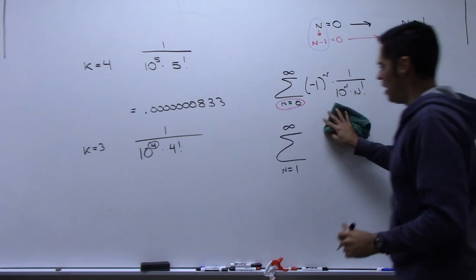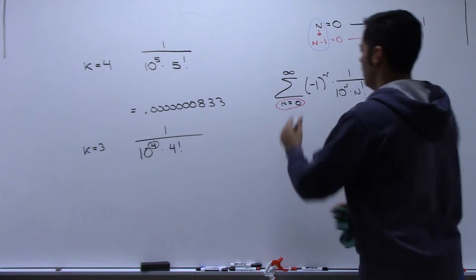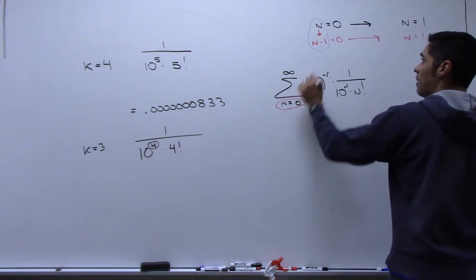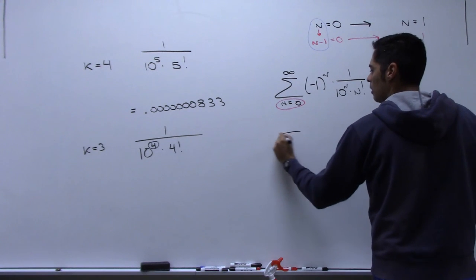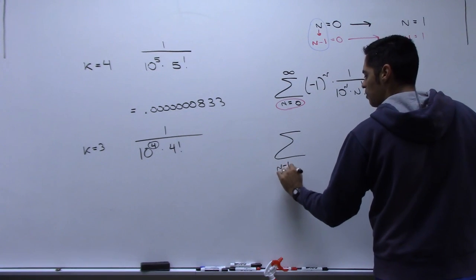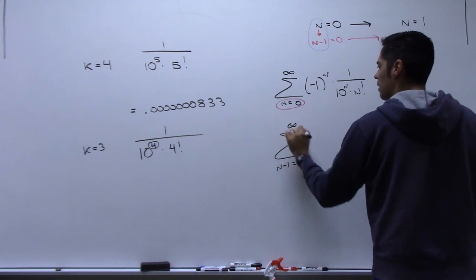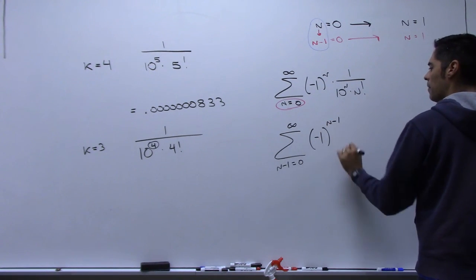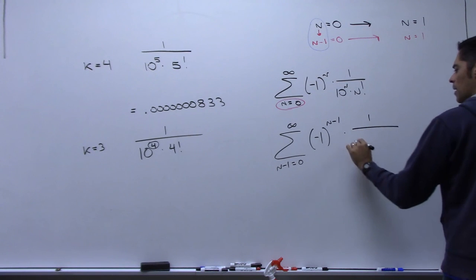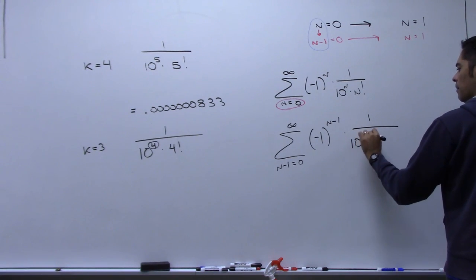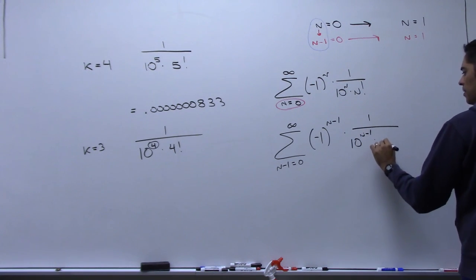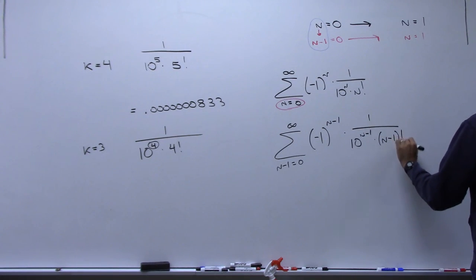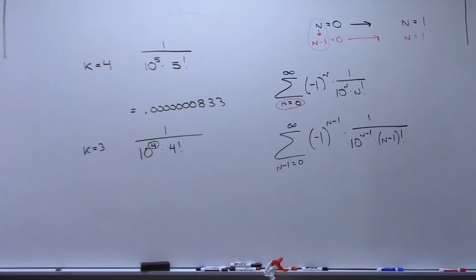So watch. I will take this series right here, everything. Everywhere I see an n, I'm going to replace with n minus 1. Everywhere. Sum n minus 1 equals 0 to infinity, negative 1 to the, let's see, there's an n, so n minus 1. And then here, 1 over 10 to the n minus 1 times n minus 1 factorial. Like that.